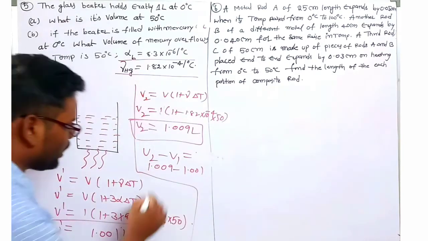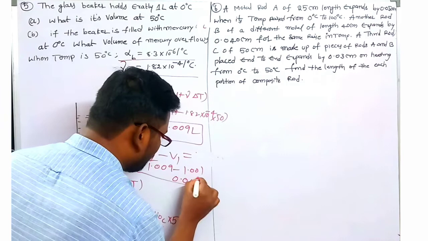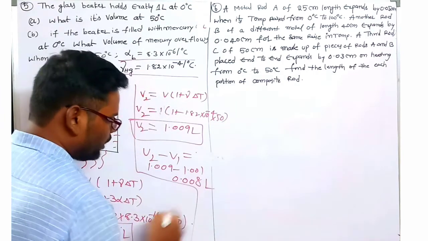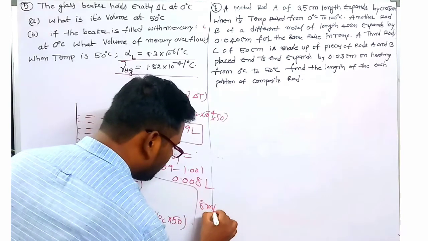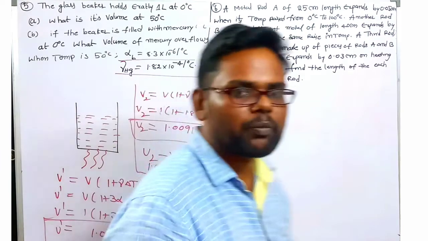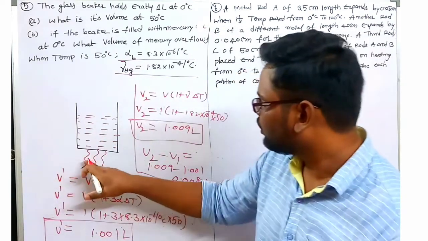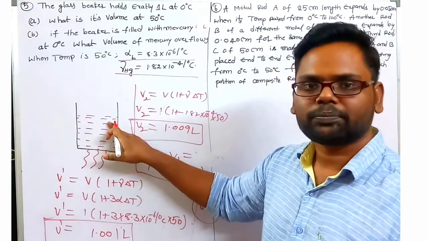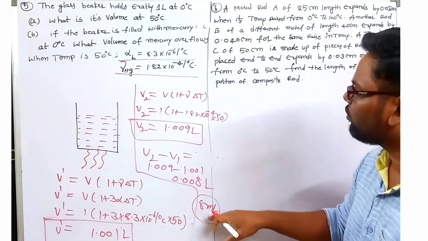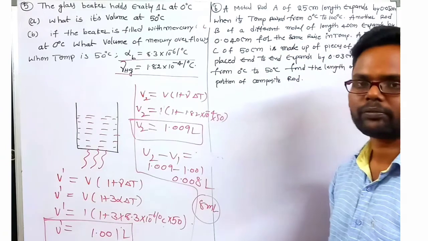That gives 0.008 liters, that means 8 ml, right? If you raise the temperature from 0 to 50 degrees Celsius, 8 ml of mercury overflows from the beaker.